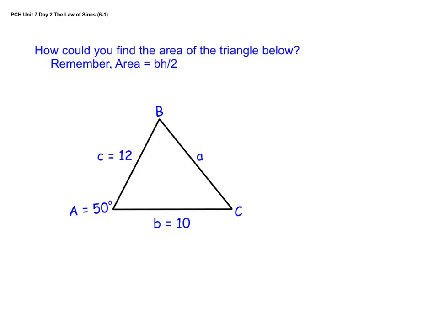Make it 90 degrees straight down from B. Because that would give me the height, right? Mm-hmm. So now I know that my area would be 10 times the height divided by 2, right? Base times height divided by 2.